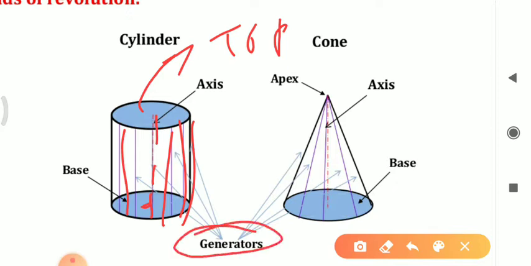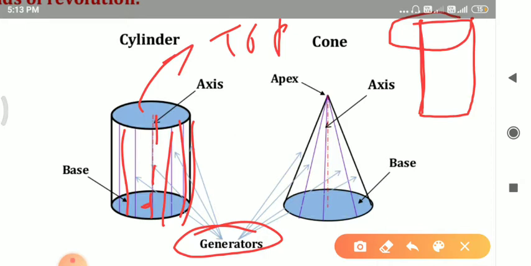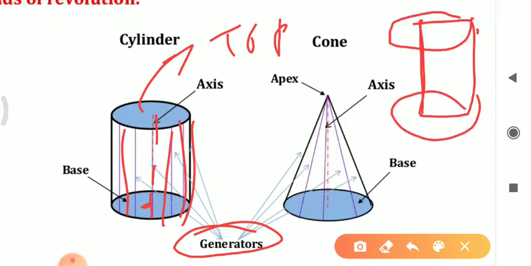Generators means they are imaginary lines. When I rotate a rectangle about one edge, it will create it in this way. This line rotates about 360 degrees, so this creates the generators. They are imaginary lines we are considering.